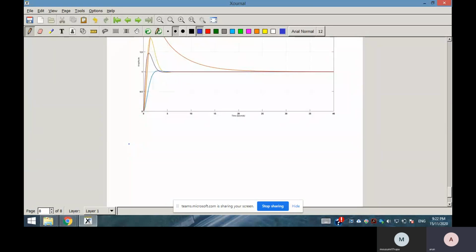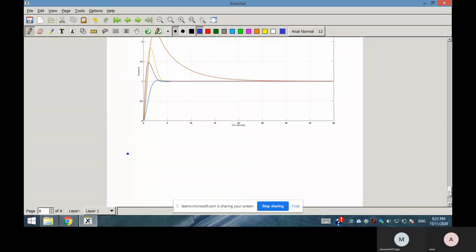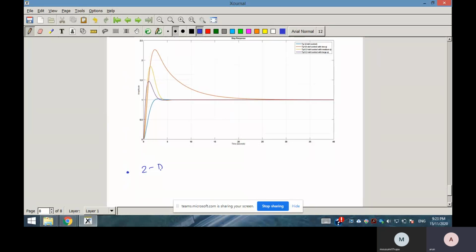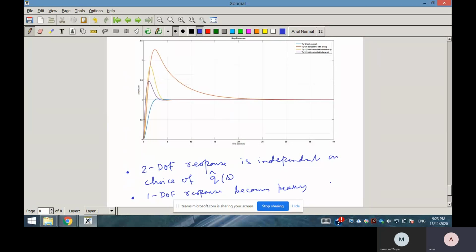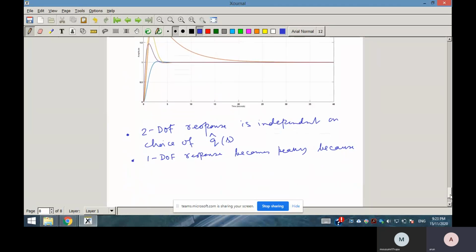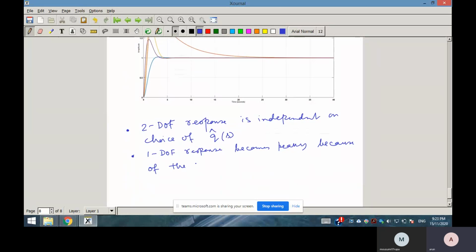So what is my observation here? Observation is: the 2DF response is independent of the choice of Q S, Q hat S. Second, the 1DF response becomes peaky because of the roots of H S being close to the j omega axis.